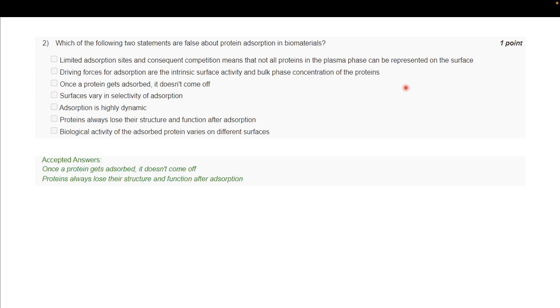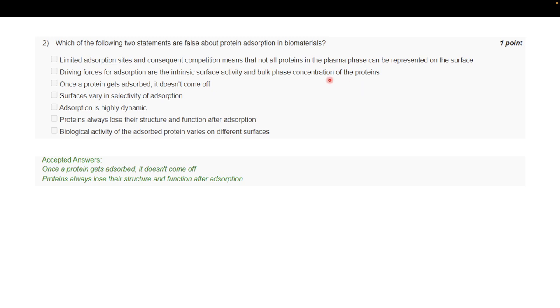So not all proteins could be represented on the surface because there is very limited space and a lot of competition going on. Some proteins might have greater affinity for this biomaterial compared to others, so they will quickly adsorb on the surface and not leave space for the other proteins. That's why the first option is correct.